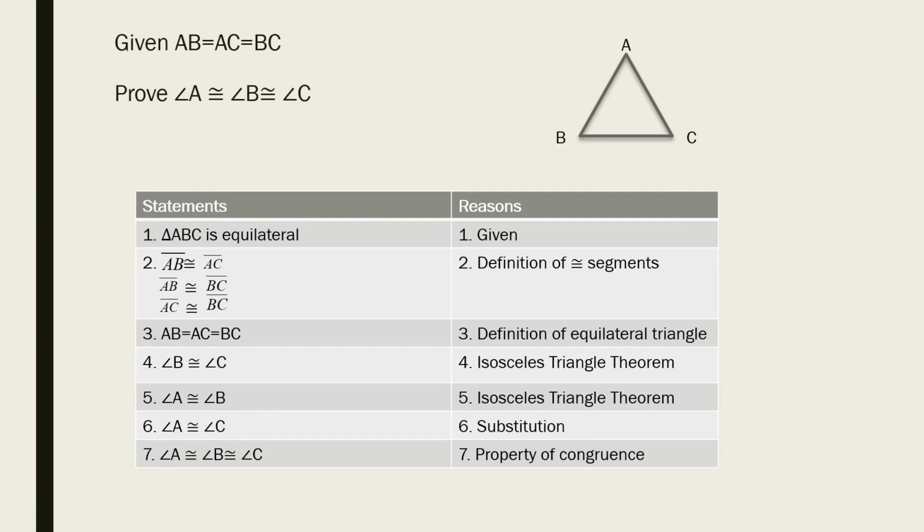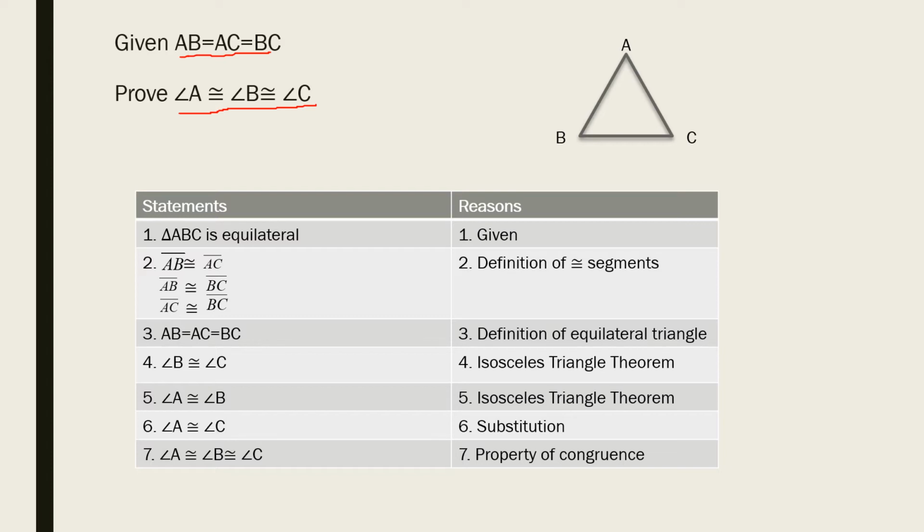Let's prove the theorem. Given AB is equal to AC, which is also equal to BC. We want to prove angle A is congruent to angle B, which is also congruent to angle C. So if all the sides have the same length, or it's an equilateral triangle, the triangle would also be equiangular.